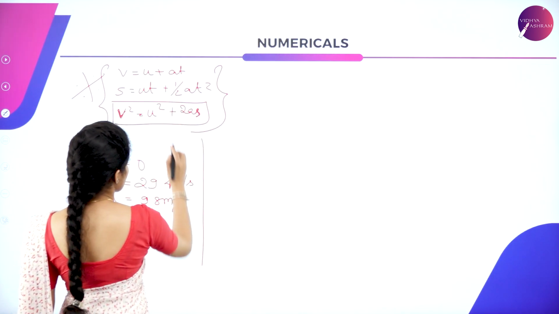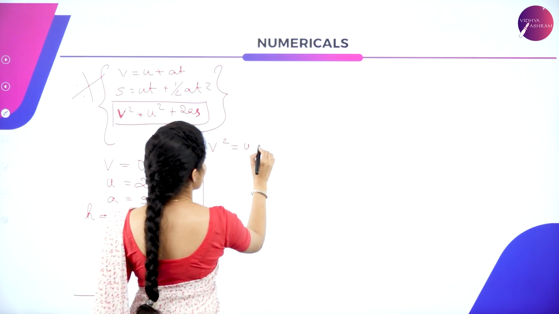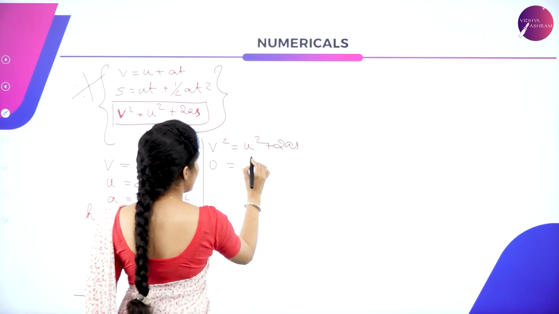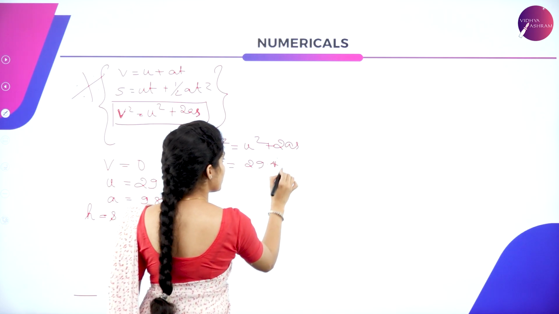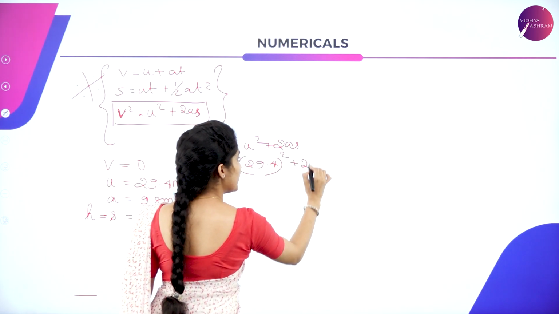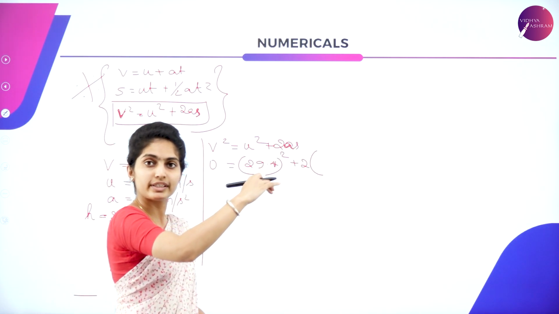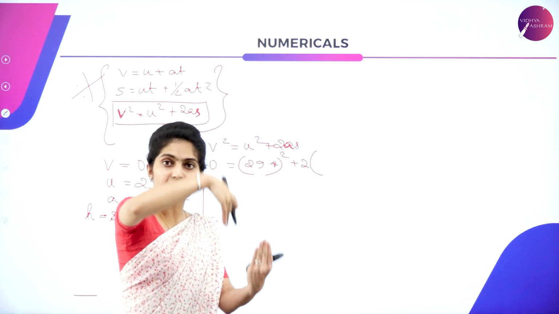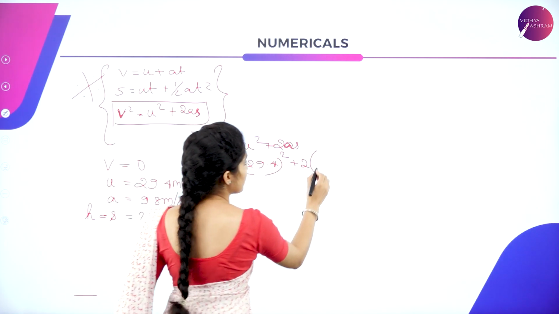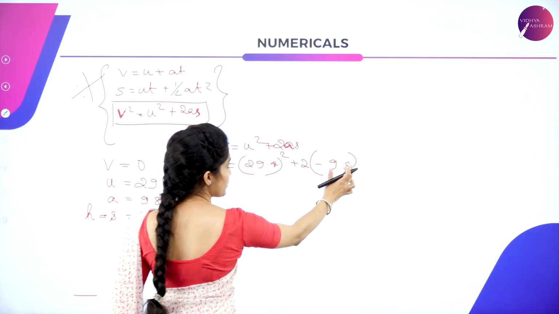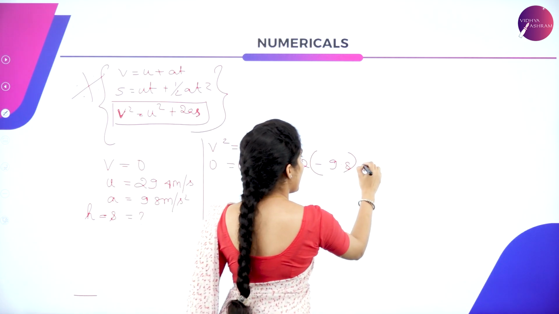So let me consider this formula, v square is equal to u square plus 2as. v is 0, and this is 29.4 the whole square plus 2 into acceleration. You're throwing the ball upward, so it is acting against the acceleration due to gravity. So I give it as minus 9.8, negative of the acceleration due to gravity, and h.